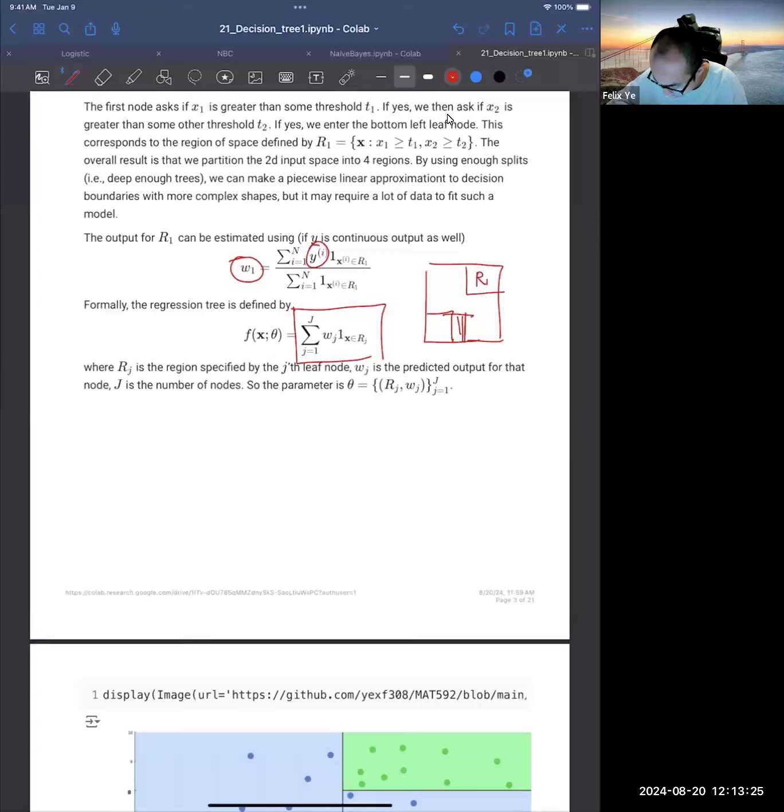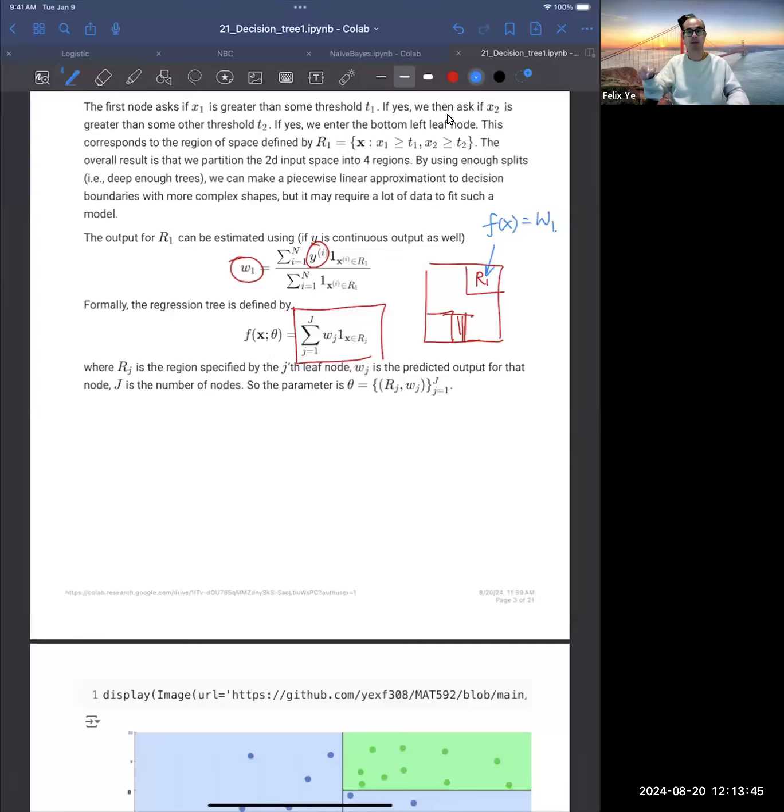So this will be R1. The value of f(x) on this R1 will be W1, right?